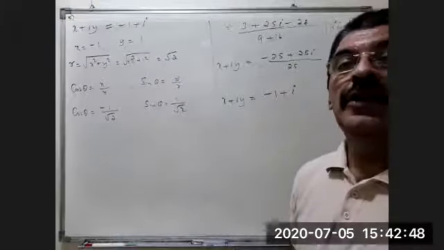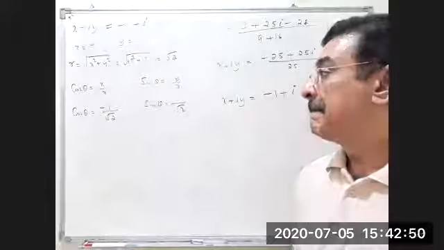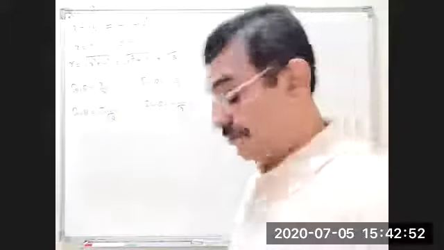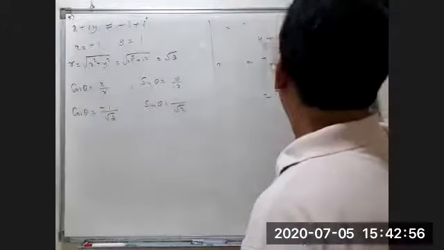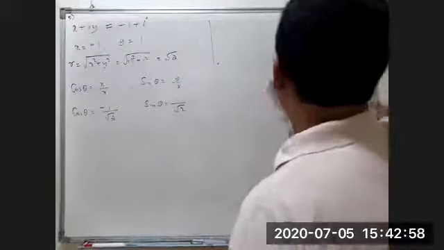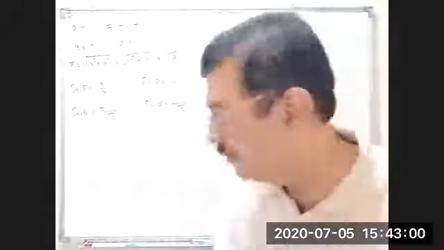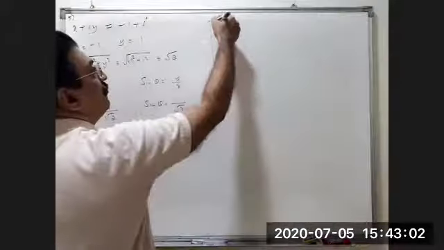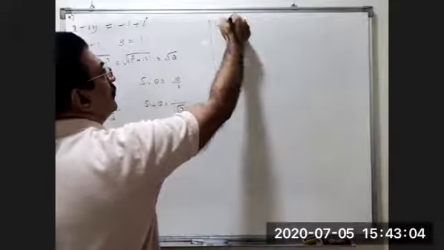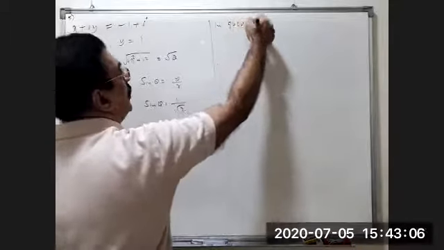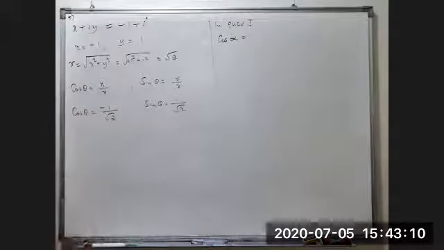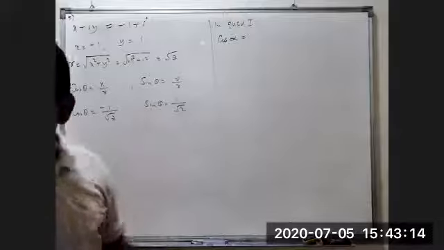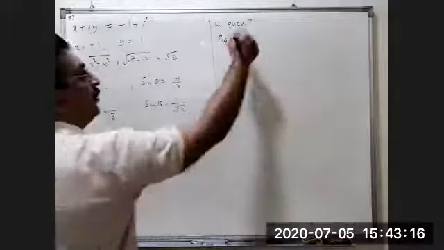Cos theta and sin theta. Now, to find the amplitude, start doing it in quadrant 1. In quadrant 1, cos alpha, we write only the positive value. So it is 1 by root 2.